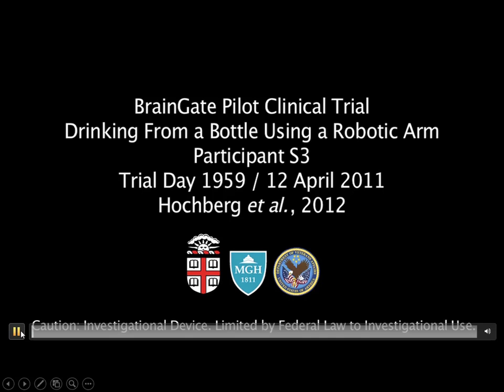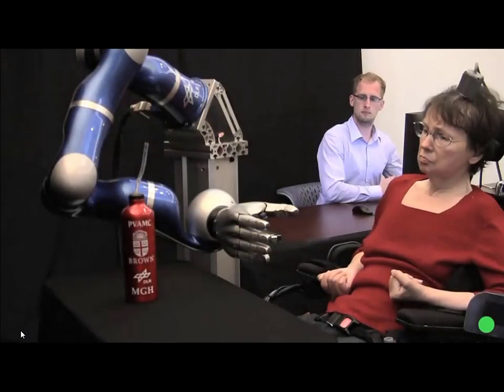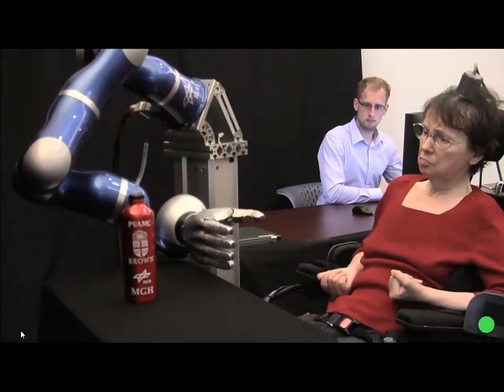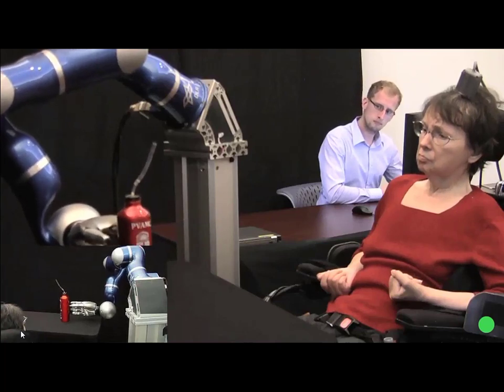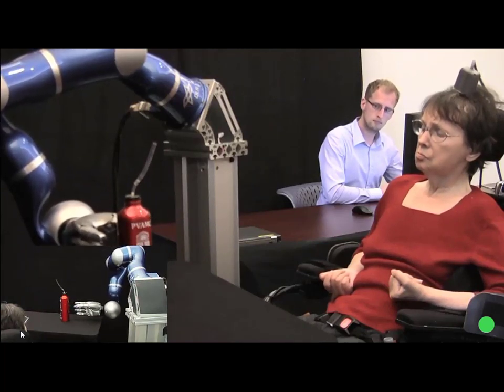So this is a clinical trial. This is actually now about 6 or 7 years old. This is a woman who has a microelectrode array implanted into motor cortex that's connected to the scalp through a pedestal.